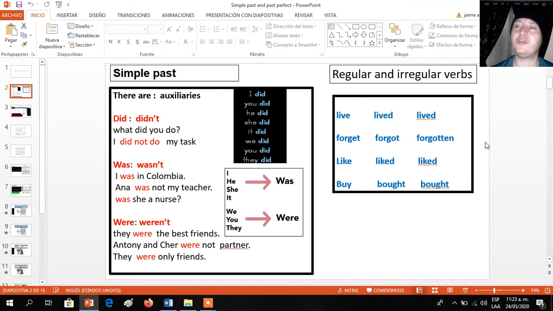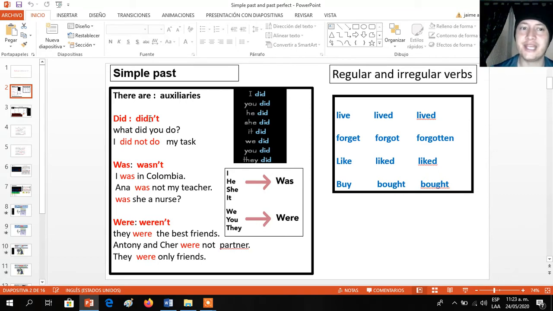Then we have to keep in mind the regular and irregular verbs. In the simple past, we have to use this file. Right? Be careful. When you have to use the auxiliary did, the verb is in the infinitive.